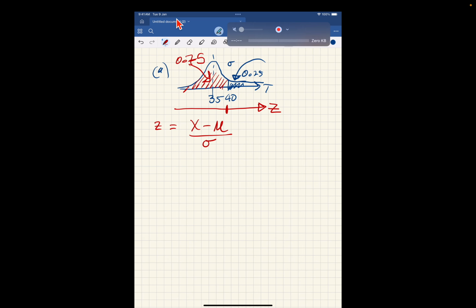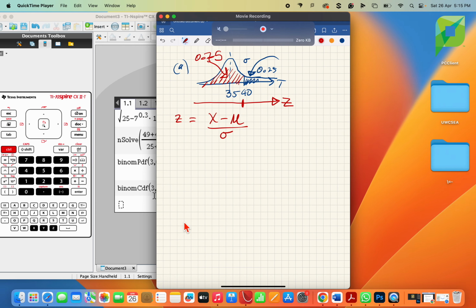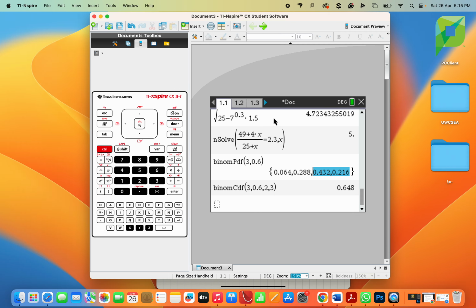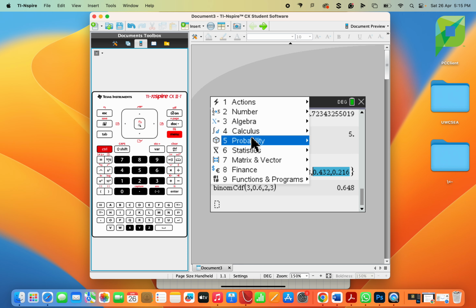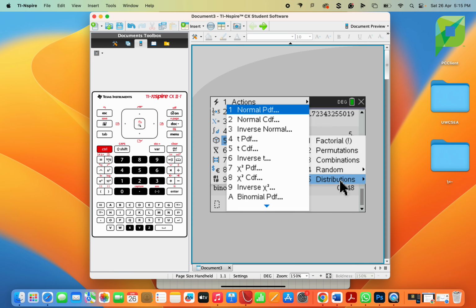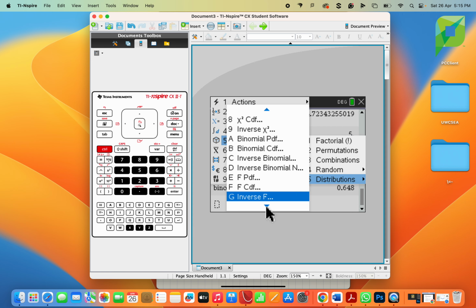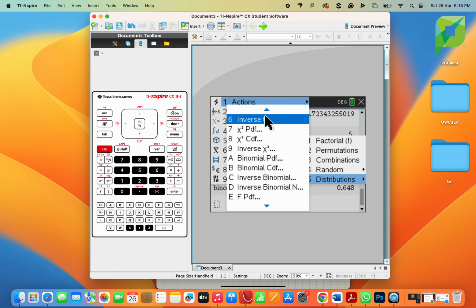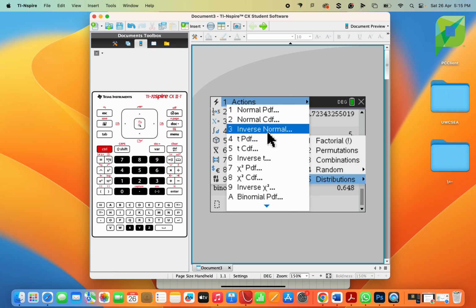So here we're just going to switch to our calculator. And we are going to go menu, probability, distribution, and we're going to go ahead and do an inverse normal. Oh, I think it was right at the top, wasn't it? Inverse normal.